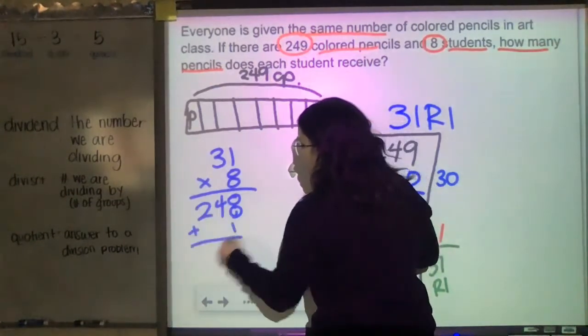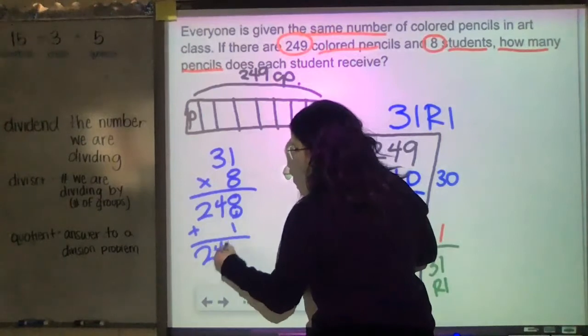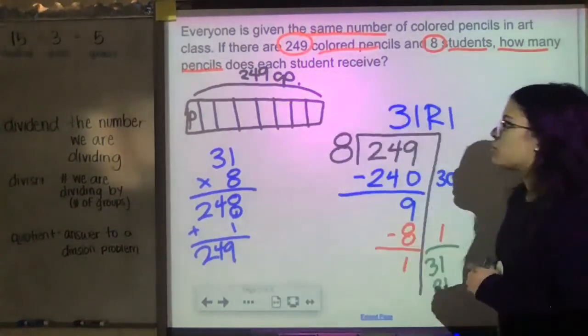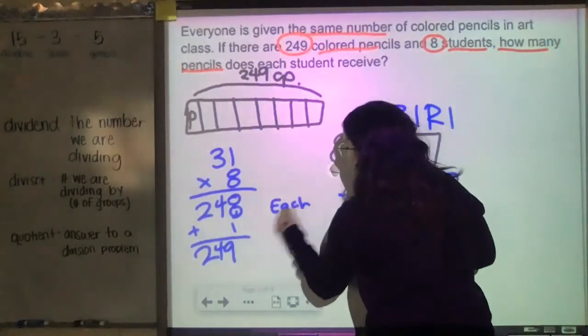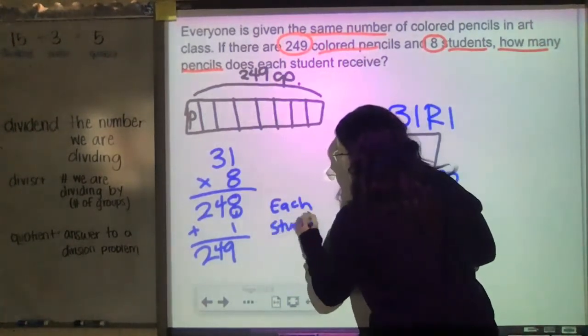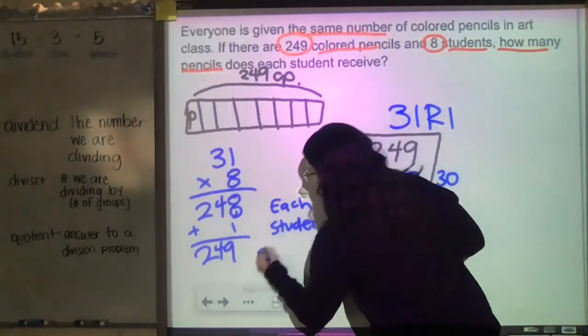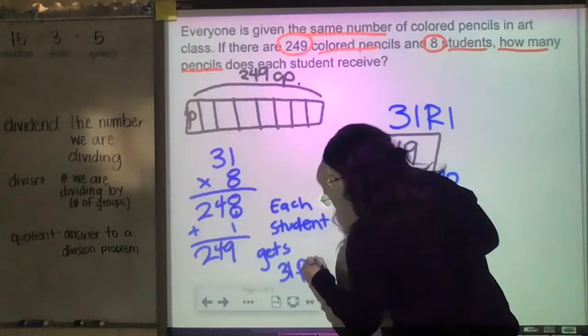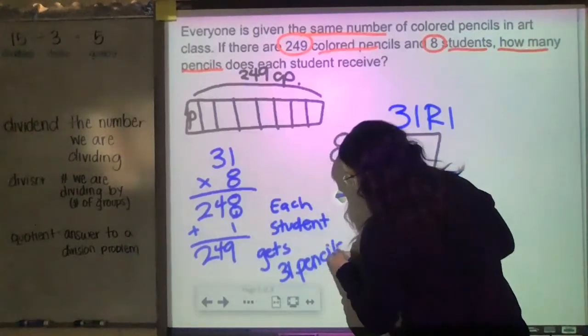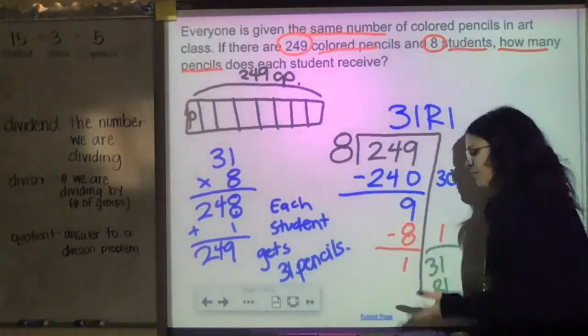Plus that remainder, I do indeed get 249. My answer is correct. Each student gets 31 pencils, and that extra one's just gonna have to get saved for next year, I suppose.